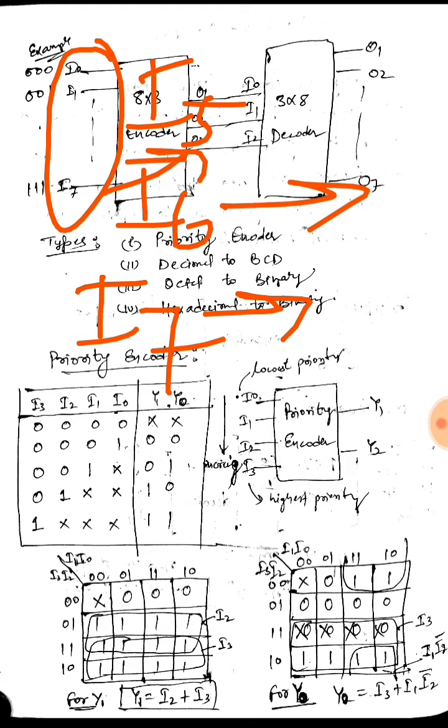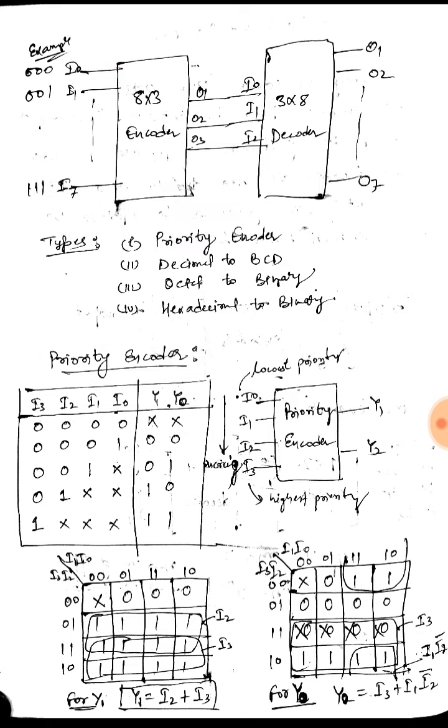So this is how we would design a priority encoder. Let's say if I have a 4 is to 2 priority encoder, that is, I have 4 inputs and I am assigning them the priority such that I0 has the lower priority and I3 has the higher priority. That is, the priority is increasing from I0 to I3.